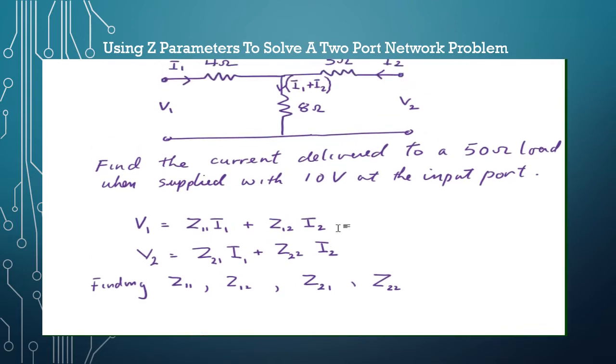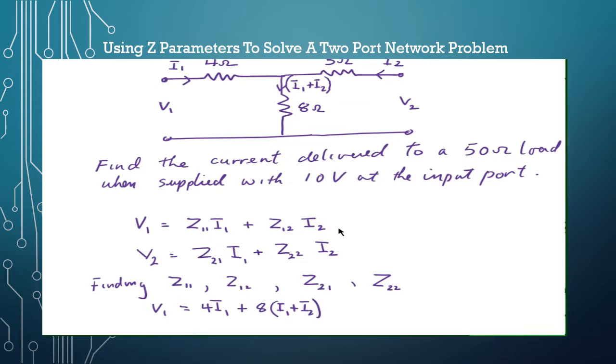So for V1, using Kirchhoff's voltage law in this loop, V1 is equal to 4 I1 plus 8 times (I1 plus I2).